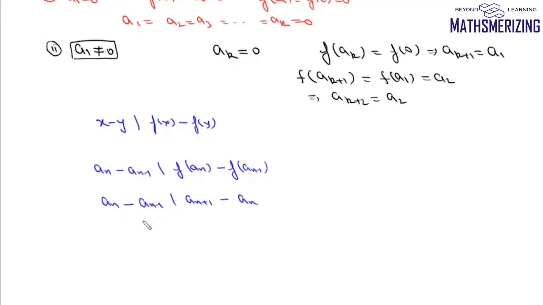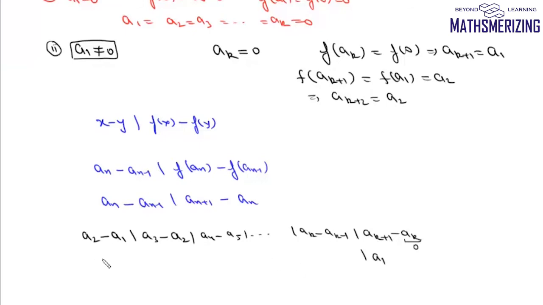Now we put different values of n: a2 minus a1 divides a3 minus a2, a3 minus a2 divides a4 minus a3, and we continue up to ak minus ak-1 dividing ak+1 minus ak. We know that ak is 0 and ak+1 is a1. So ak minus ak-1 divides a1.